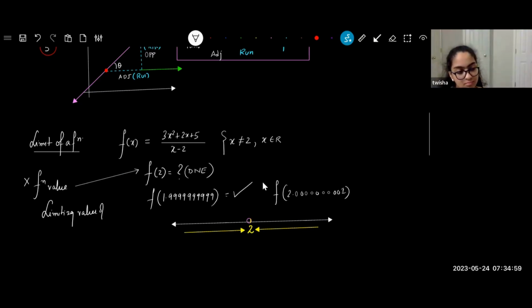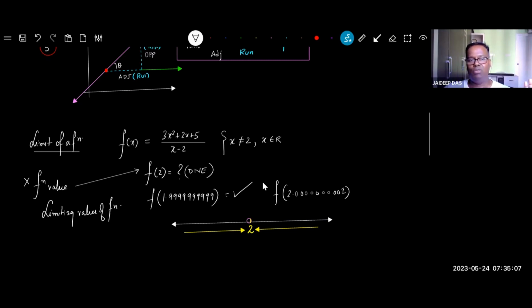Limiting value of function. Now, this is very, very interesting. Function may not have a value, but the limiting value of the function always exists. I won't touch you, but I will irritate you within the law. And this side is called the limiting value of left-hand side. So it's called the LHL, or the left-hand limit. You may expand it when you're making your notes. And this is called the right-hand limit.